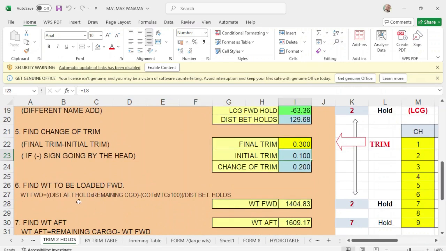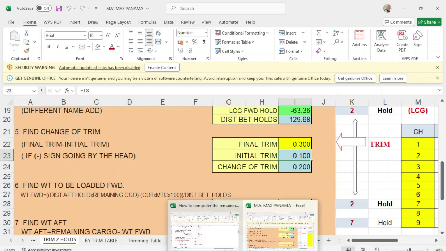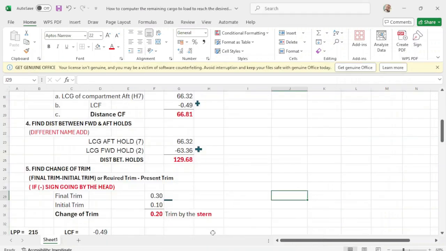Find the weight to be loaded forward, meaning how much are we going to load forward, which is hold number 2. So this is the formula, and I just put it in the Excel.